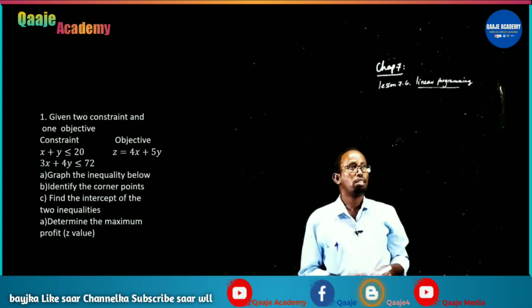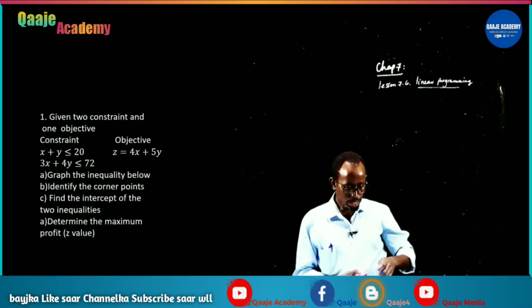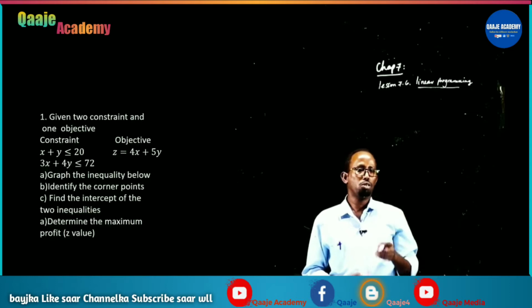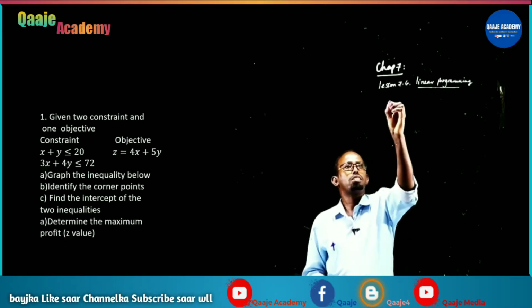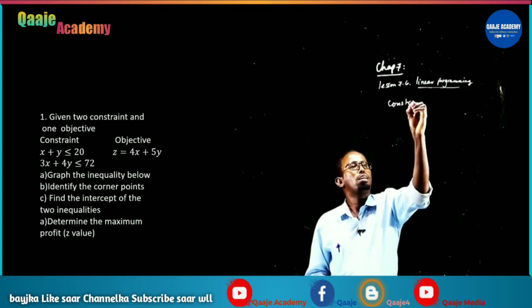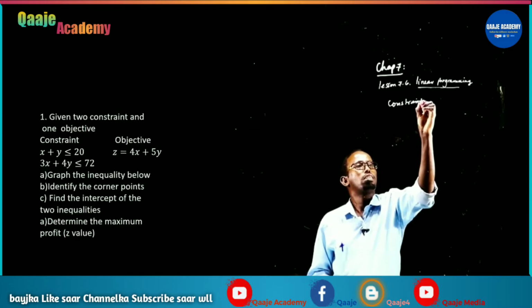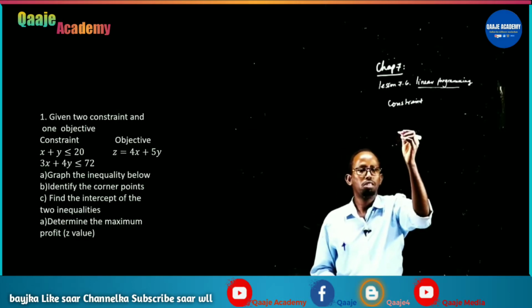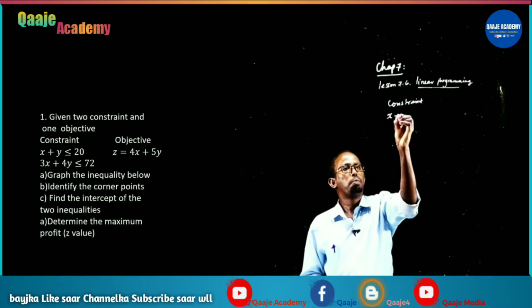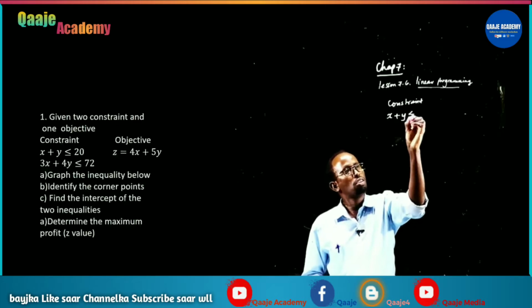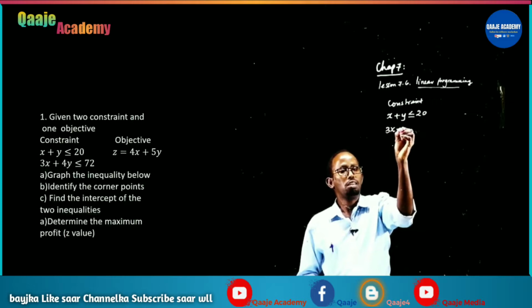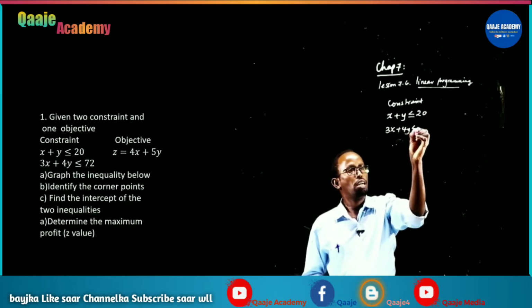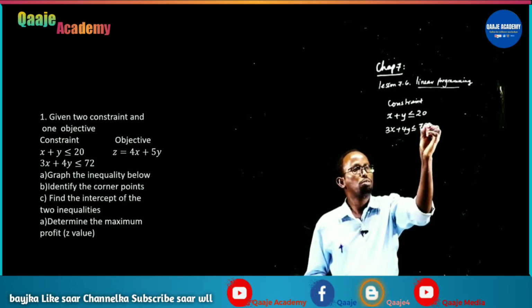Example number one. Given two constraints and one objective. The constraints are x plus y less or equal to 20, and 3x plus 4y less or equal to 72.